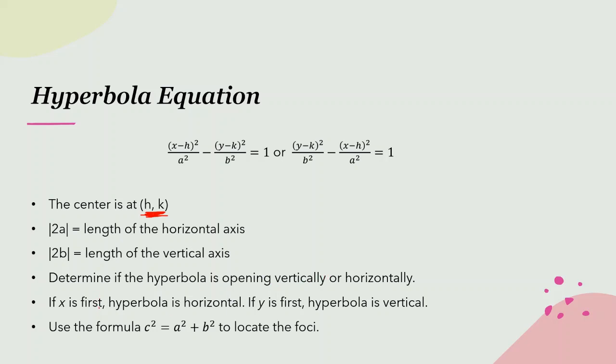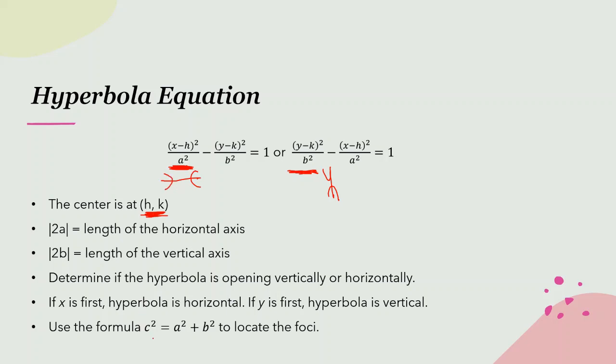If x is first, the hyperbola is horizontal, meaning if x is written first in the equation, the hyperbola is horizontal. However, if y is written first, just like here, the hyperbola is vertical, meaning we have opening up and down. But if it's horizontal, it's opening left and right.